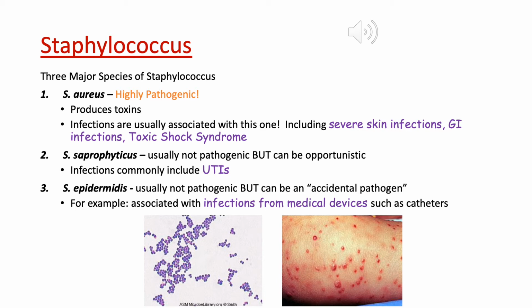And then Staph epidermidis also is usually not pathogenic. It's usually normal flora, but it can be an accidental pathogen. So for example, infections that are associated with medical devices like catheters. If staph epidermidis gets in the wrong location, it can cause an infection.